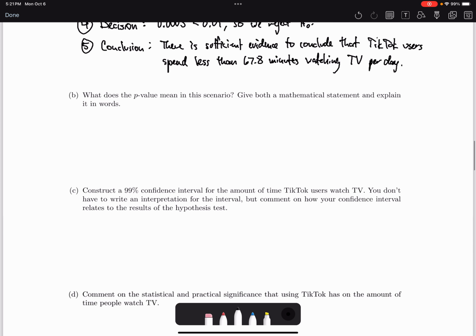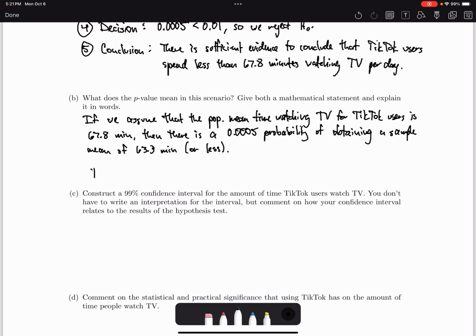Okay, in math symbols, what we would say is, well, the probability that x bar is less than or equal to 63.3, given that mu equals 67.8, equals 0.0005, right? That's the p-value.